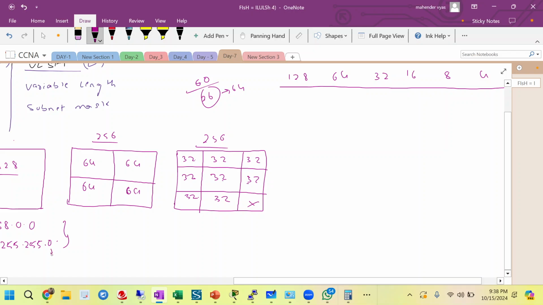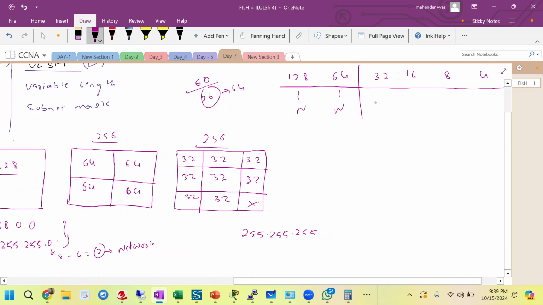By default we had 8 host bits, and the requirement is only 6 host bits, so the remaining 2 host bits I am giving to the network. So the new subnet mask would be 255.255.255. These two bits, this is 1, this is 2, I will convert into network bits.